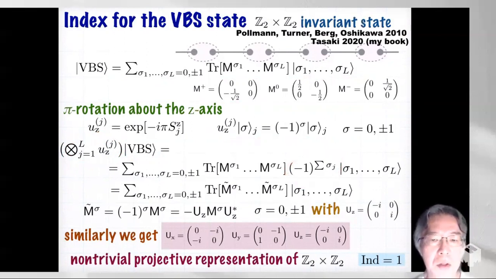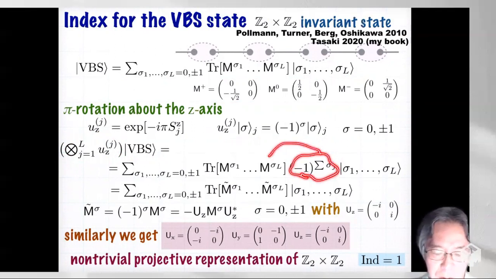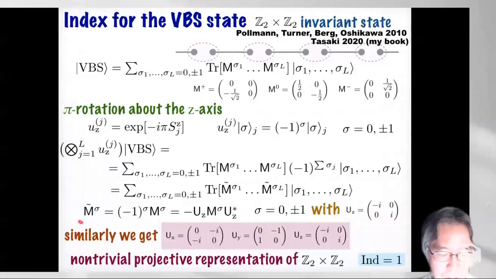Now, what you want to do is, as I said, absorb this phase factor into the matrix product. So I define a new M tilde by this, and then this -1 factor is absorbed into this matrix. Okay, so this is the definition of M tilde. And these are just very, very trivial observations.